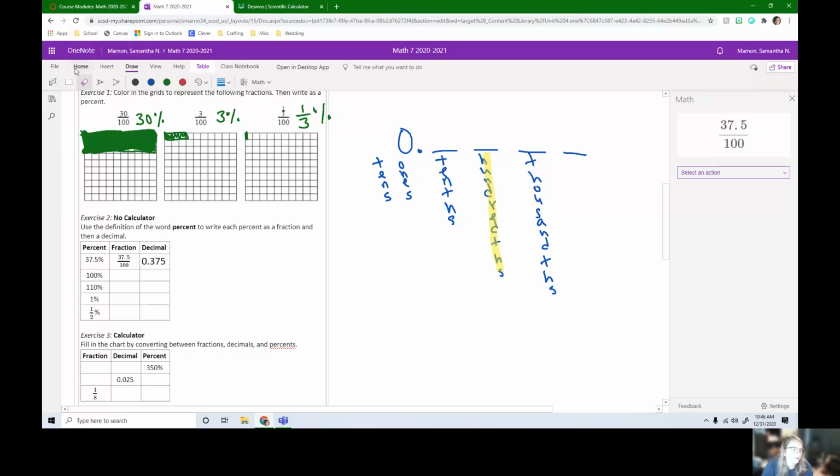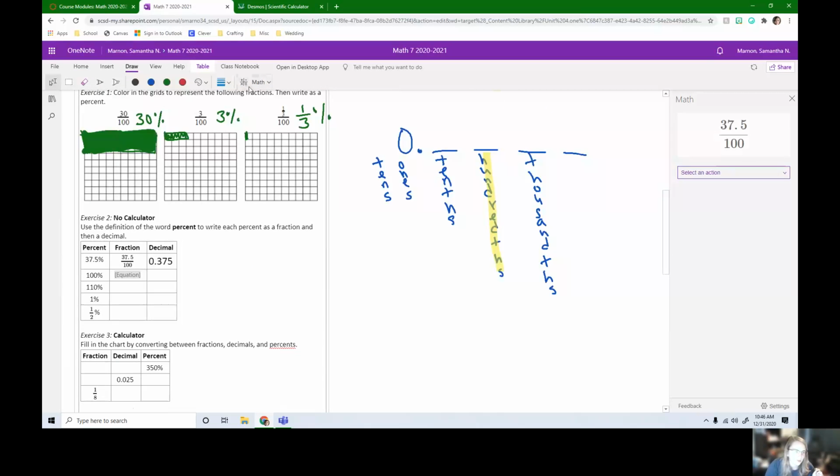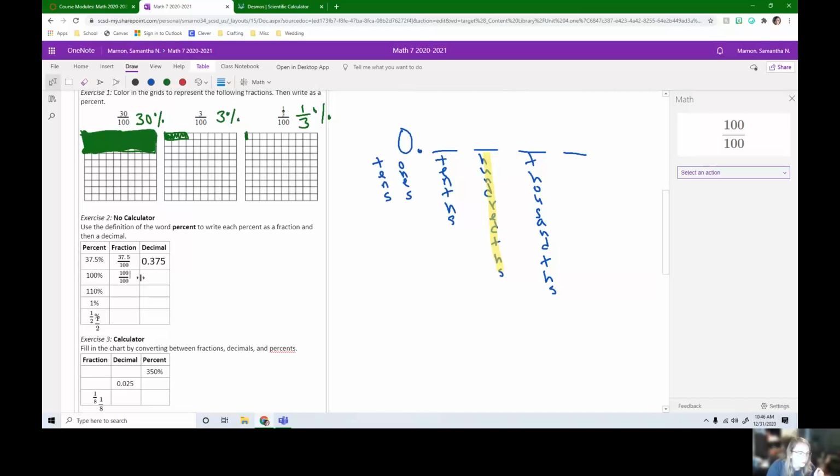Okay, so now we have 100%. So 100% is 100 per 100. To write this as a nice fraction, we just need to highlight over it. Under the draw tab, we can hit the math button. Now you might already recognize 100 over 100.